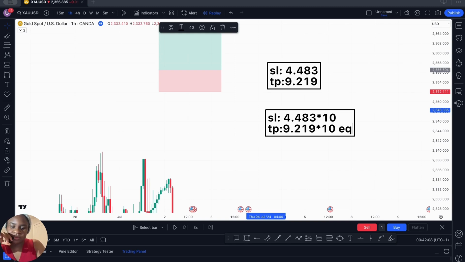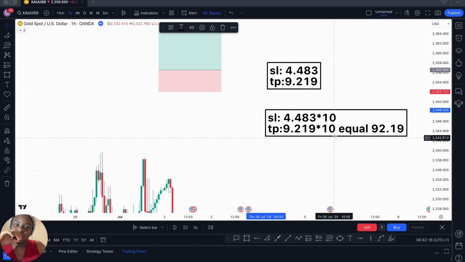This will give you 92.19. So that means you're going to be gaining 92 pips, equal to 44.82. That means your stop loss is 44 pips and your take profit is 92 pips.